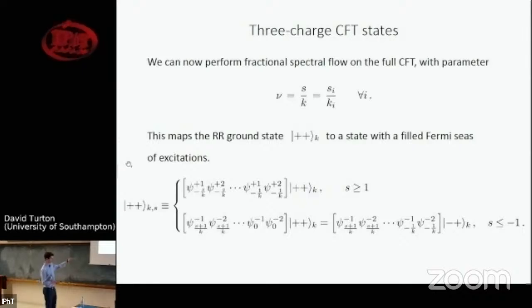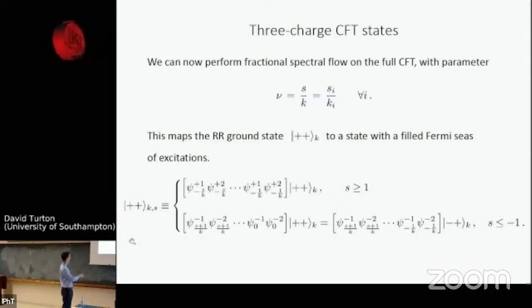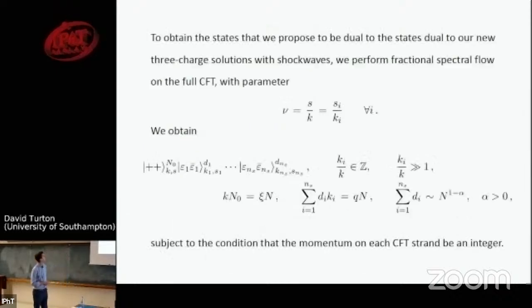And that gives us states like this, where we have a ground state and a bunch of fermions filling up 2 Fermi seas, and we'll denote all these excited states with a single extra s parameter on the state there.